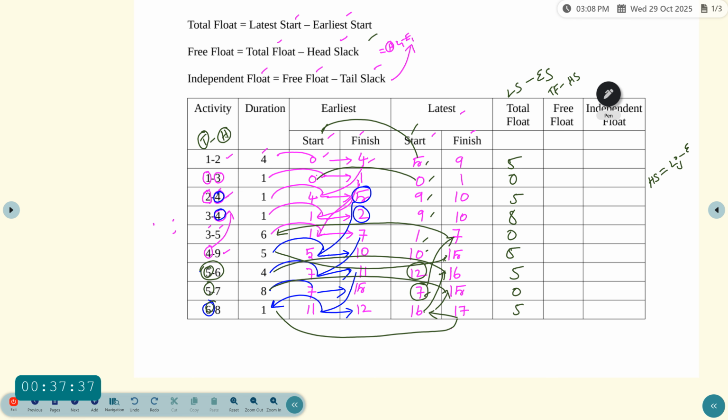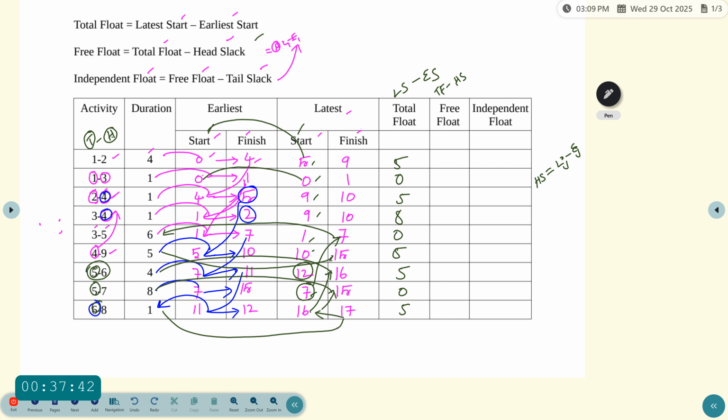So using the formula, free float equals TF minus HS, and HS equals LJ minus EJ. First activity 1 to 2. Which one is the head? 2 is the head.